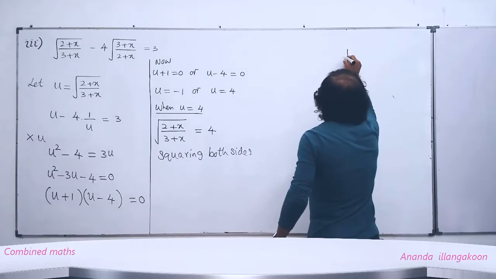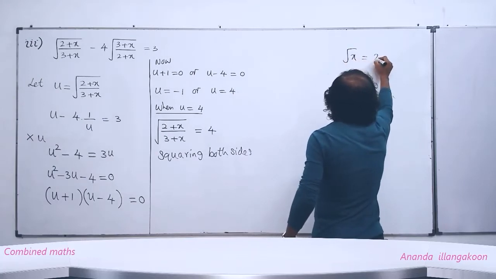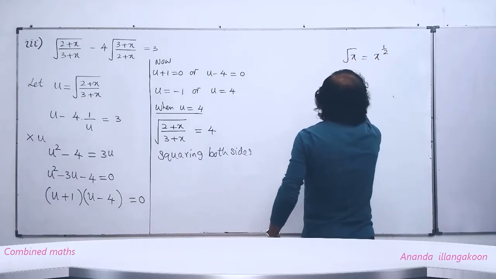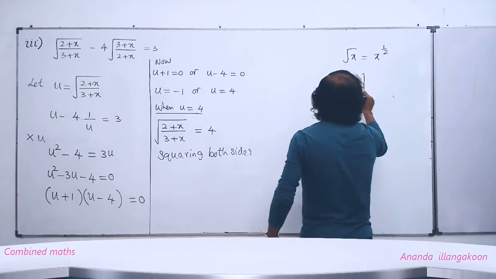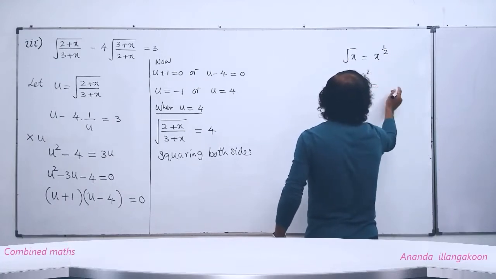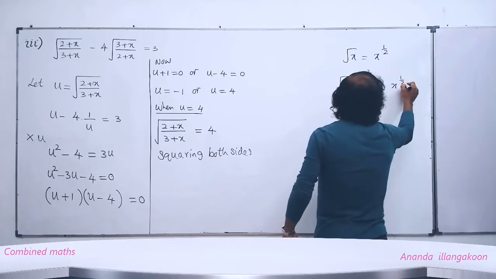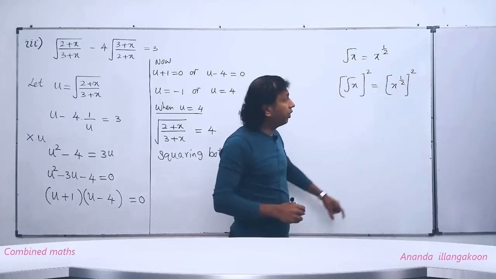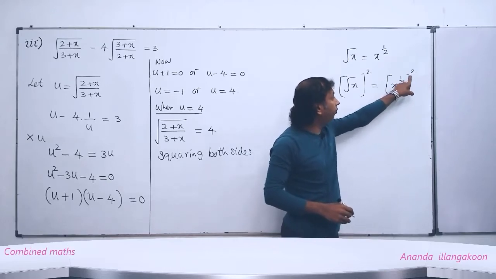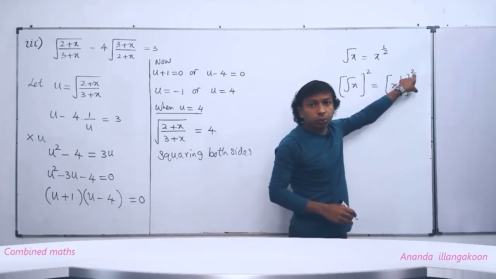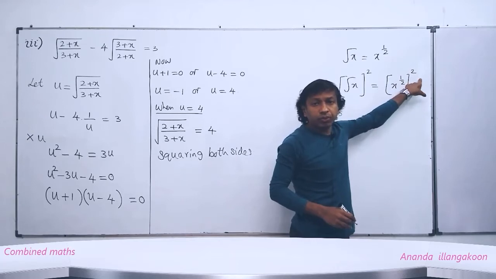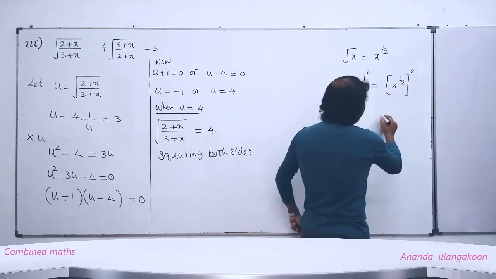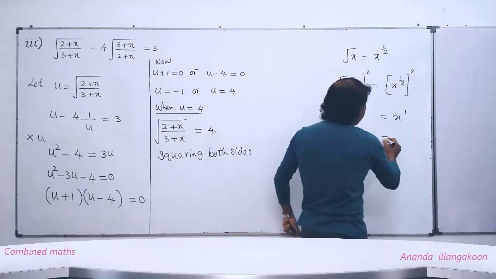Here, root x, when I consider, that is x to the power half, no. Squaring both sides means we have to take the power 2 on both sides, no. Like this. Then when I simplify, this power half we have to multiply with this 2, no. Half multiplied by 2 means what? 1. Then on the right hand side, what do you get? X to the power 1, that is nothing but x.